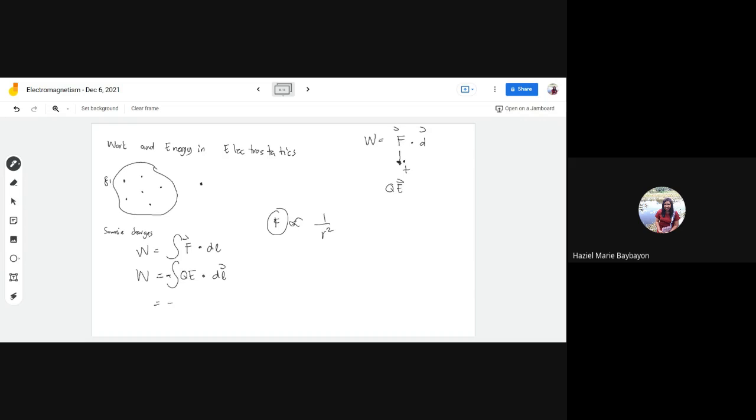So we have negative Q integral of E dot dl. And we know that E dot dl is just equal to, so this is just the potential.